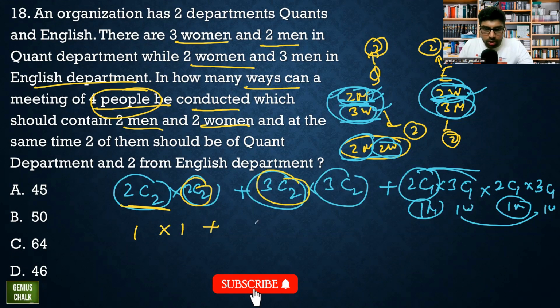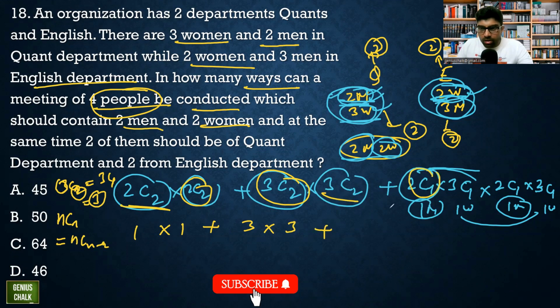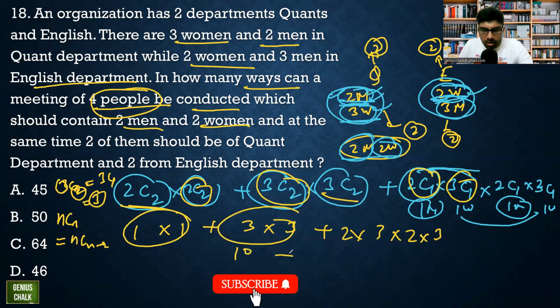This is 3C2. 3C2 is 3 only, because NCR is equal to NC(n minus R), like 3 minus 2 is 1. So 3C1, and this value is only 3. So this is 3 into 3, plus, you know, NC1 is n only. So 2 into 3C1 is 3 into 2 into 3. So how much? 1 plus 9, 10, plus 2 to the 4, 9 the 36. So the correct answer is 46.